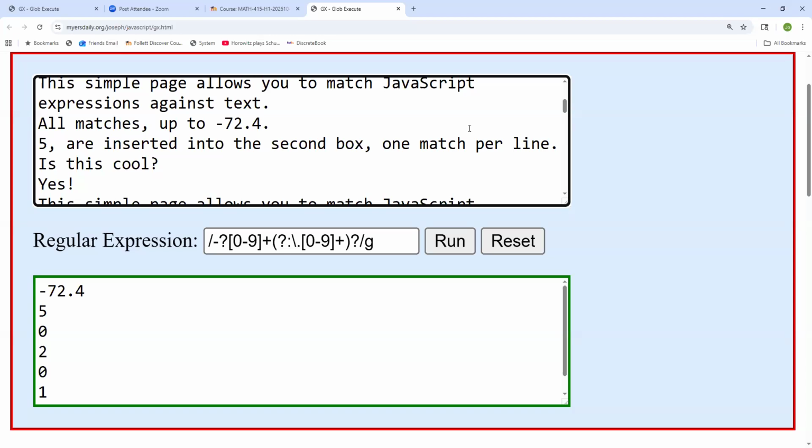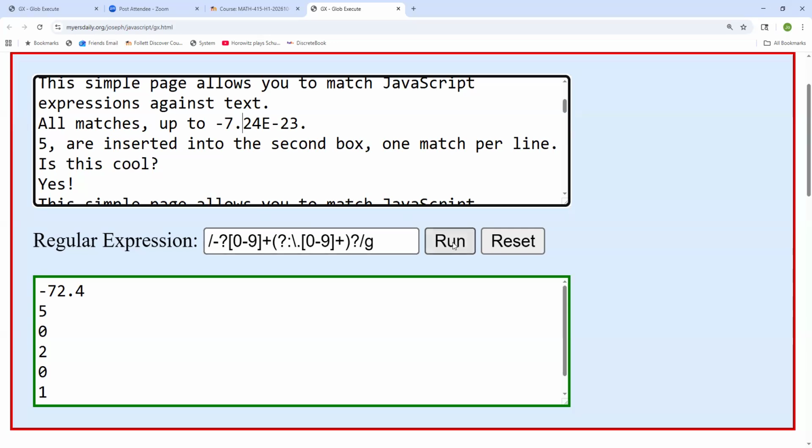They use the letter E, like E negative 23, and sometimes it's a capital E. So it might be like negative 72 point, actually, that's not accurate. Scientific notation always has only one digit before the decimal point. So negative 7.24 E negative 23. That's what they'd use to write it in scientific notation.